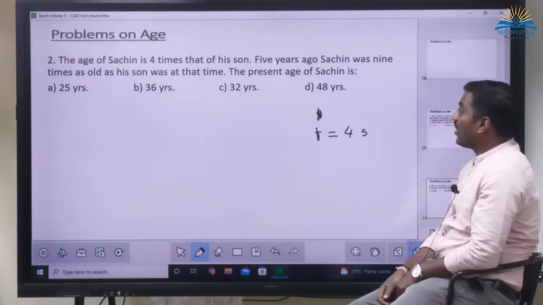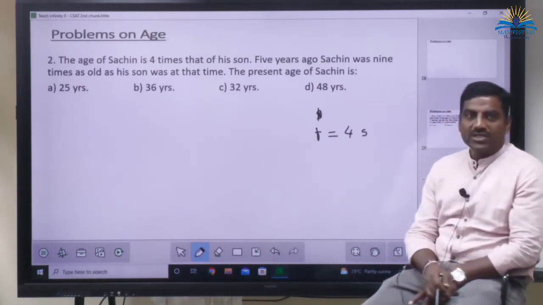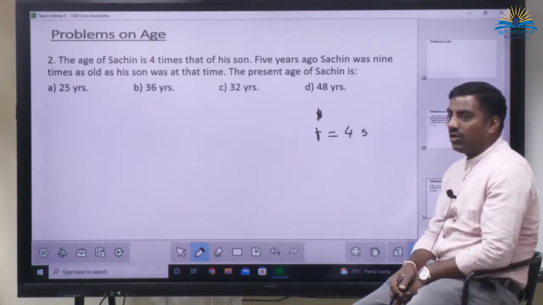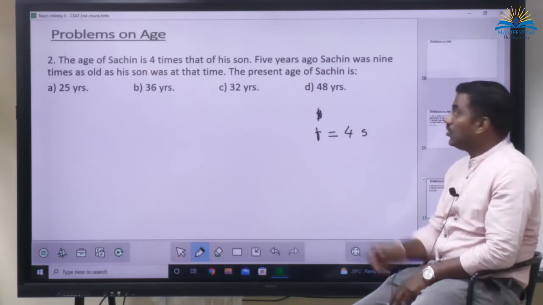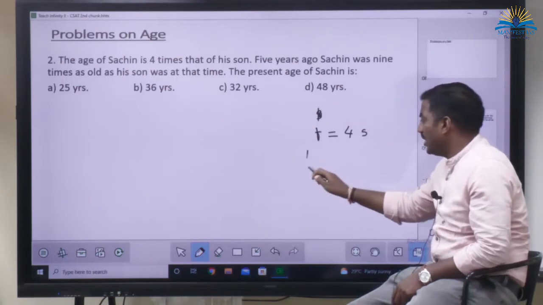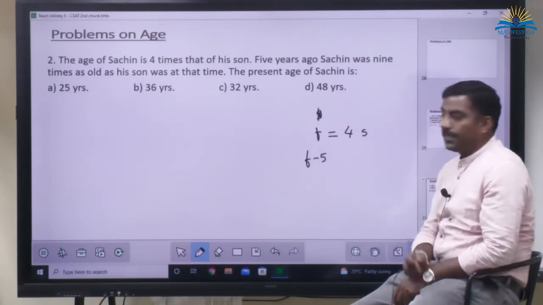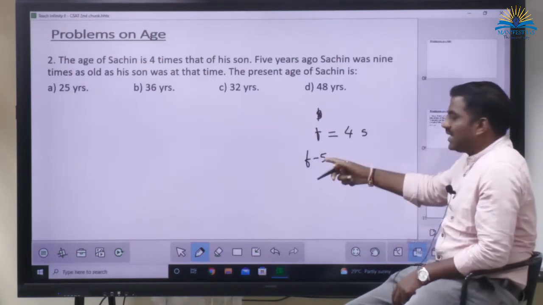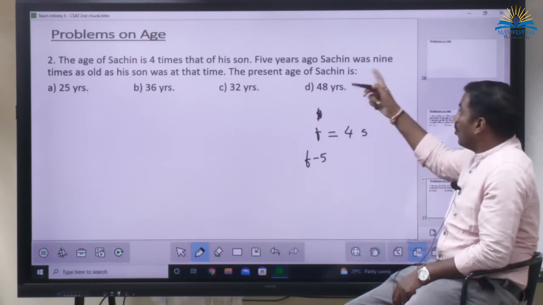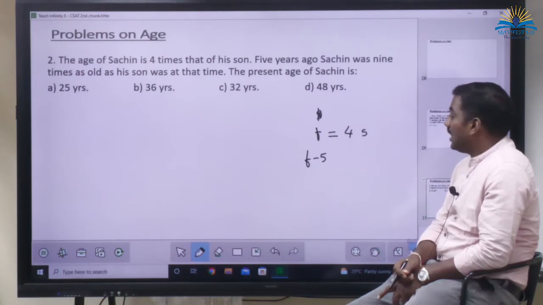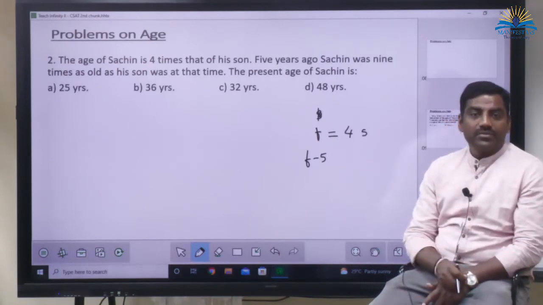And 5 years ago, what will be the age of the father? Don't read this one. 5 years ago, this would have been F minus 5. The father, Sachin, was 9 times as old as his son was at that time.